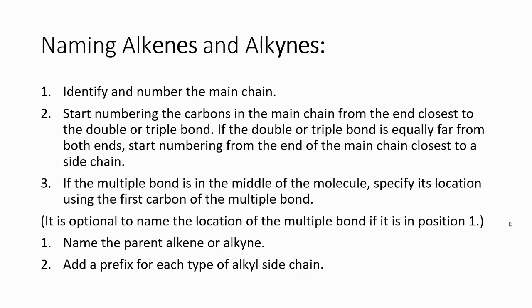And then name the parent alkene or alkyne, and then add a prefix for each of the alkyl side chains. So the priority is we care mostly about the double and triple bond. And then if there are some groups on the chain, we name those separately.